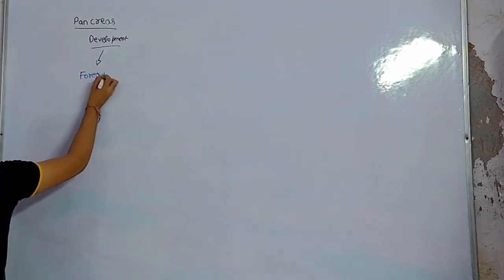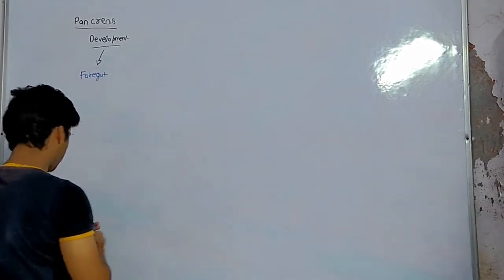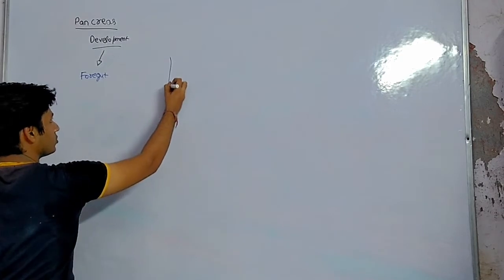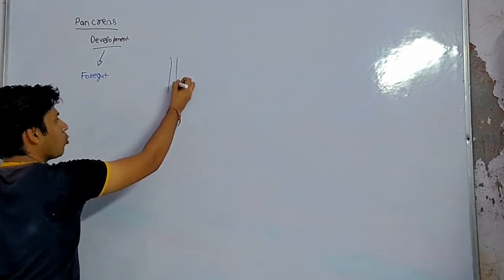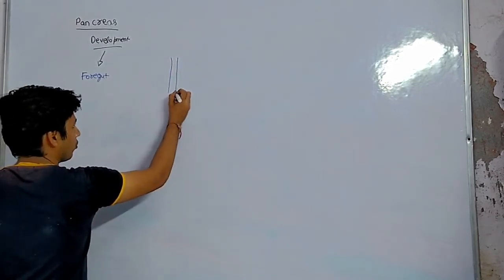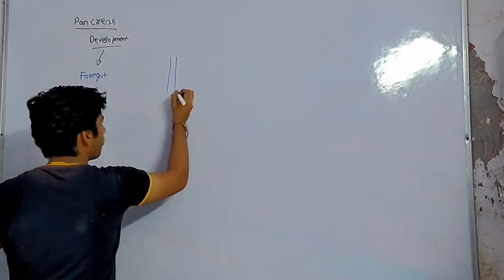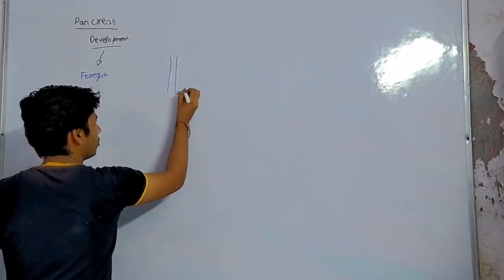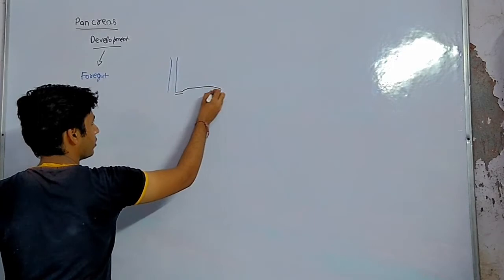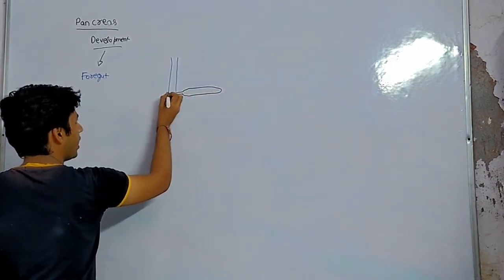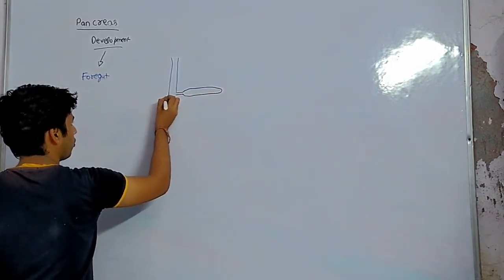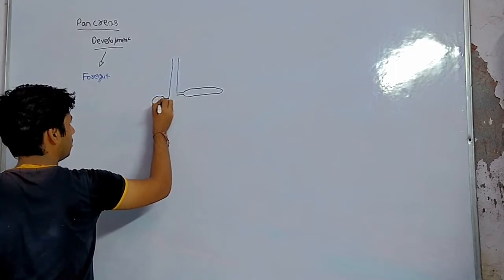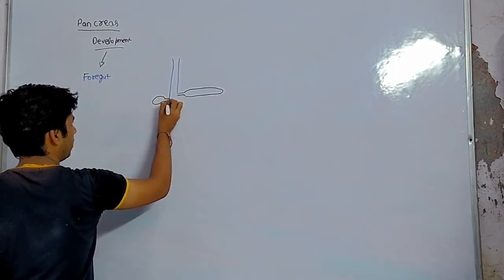Foregut. But how? Let's say this is the gut tube. There are two buds formed for the pancreas. One is the dorsal bud, which is greater, and another is the ventral bud. Done.